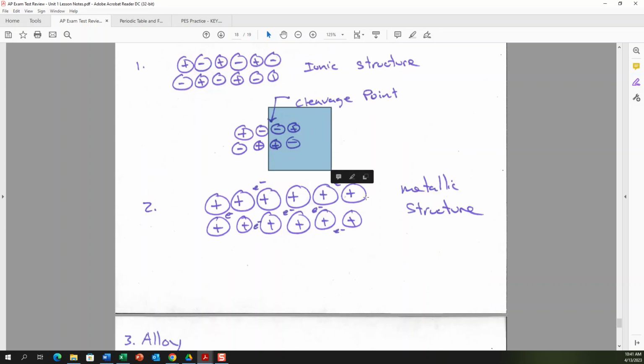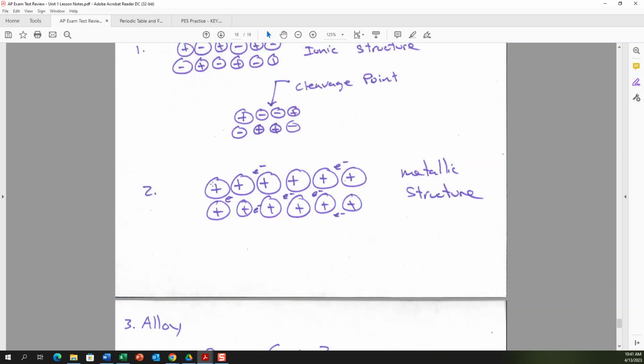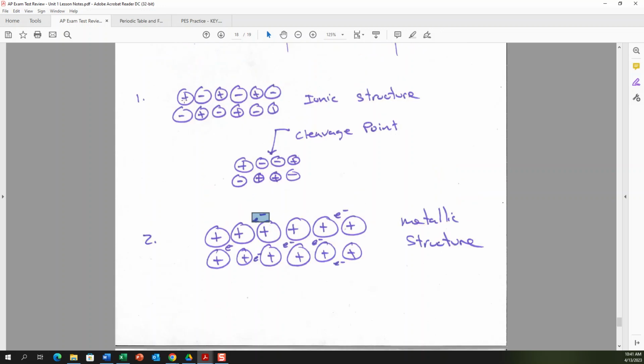A metal looks kind of similar. You're going to have a bunch of positive spheres next to each other, but notice it's not positive, negative, positive. You might have very small negative particles, and those represent electrons. But they're not in a repeating structured form; the electrons are just spread randomly within the structure.